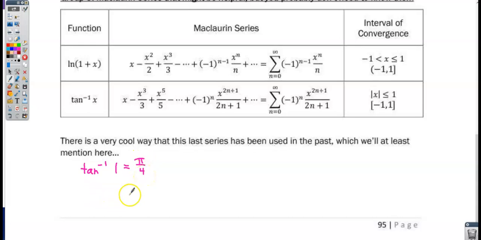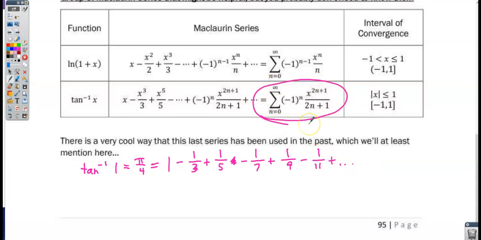And using this series, we can express the arctangent of 1 as, let's put 1 in here for x, 1 minus 1 cubed over 3 plus 1 to the 5th over 5 minus 1 to the 7th over 7 plus 1 to the 9th over 9, etc., 1 to the 11th over 11, so on and so forth. A series of this form. That's equal to pi over 4.